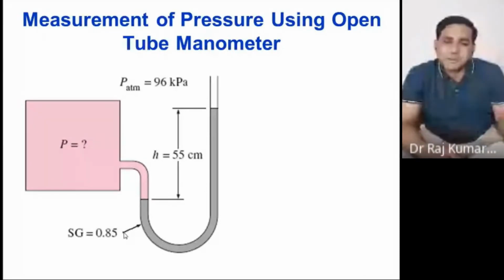A mercury column for 1 atmosphere gives just 760 mm of Hg, and this is lighter than mercury, right? So it will give more height. That is the logic just to check our calculations.